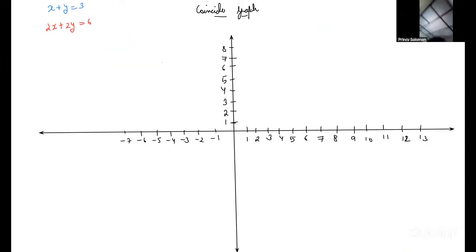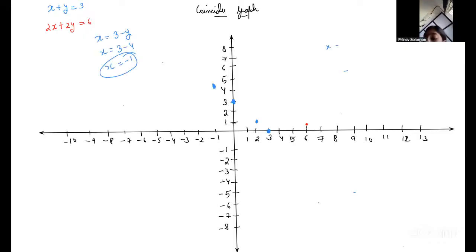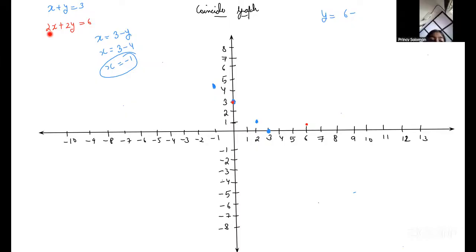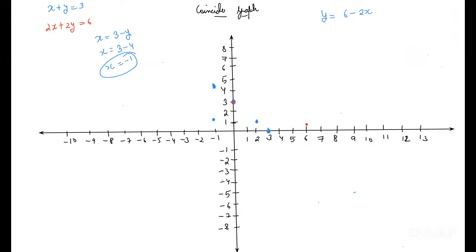So I made the equation y is equal to 6 minus x. How can it be minus x? It's 2x there, no? Yeah, I got confused. You have to send the whole 2x. Like this, you can do.